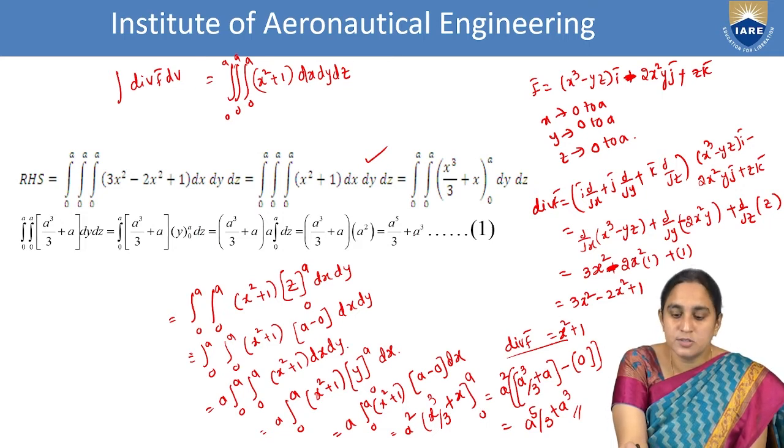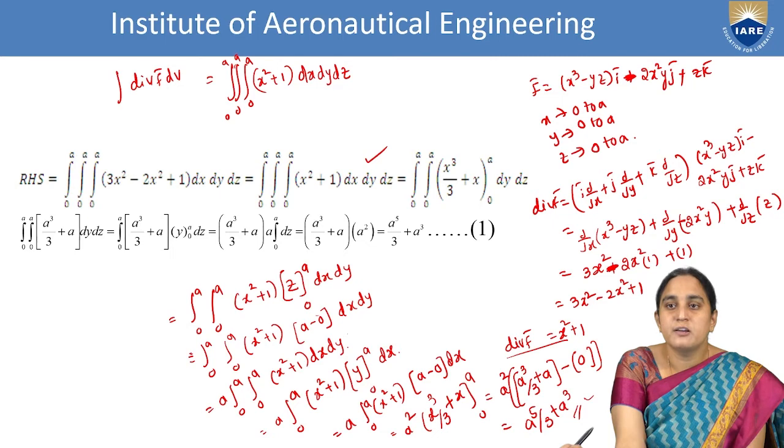For that case also we got the same answer, that is a power 5 by 3 plus a cube. And what I did here is first integrate with respect to z, after that with respect to y, and after that with respect to x. For this procedure also we got the same answer, a power 5 by 3 plus a cube.